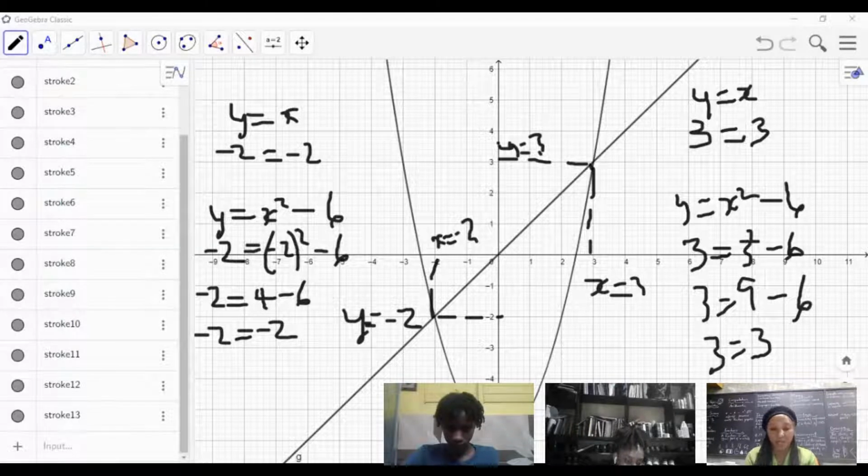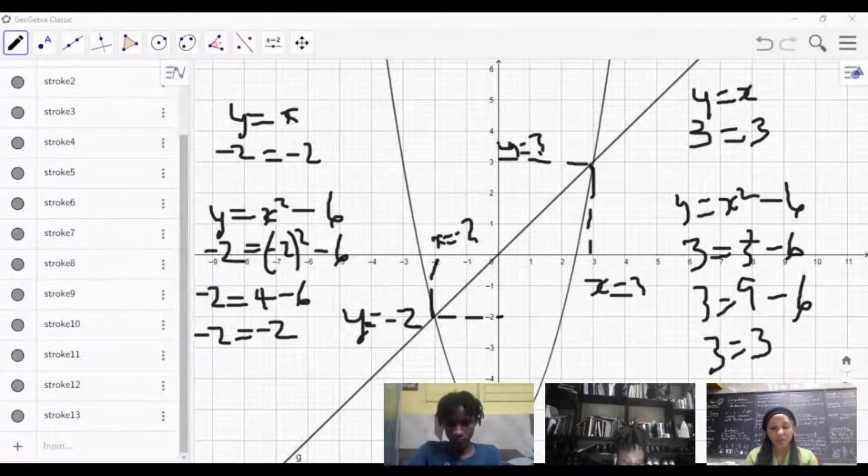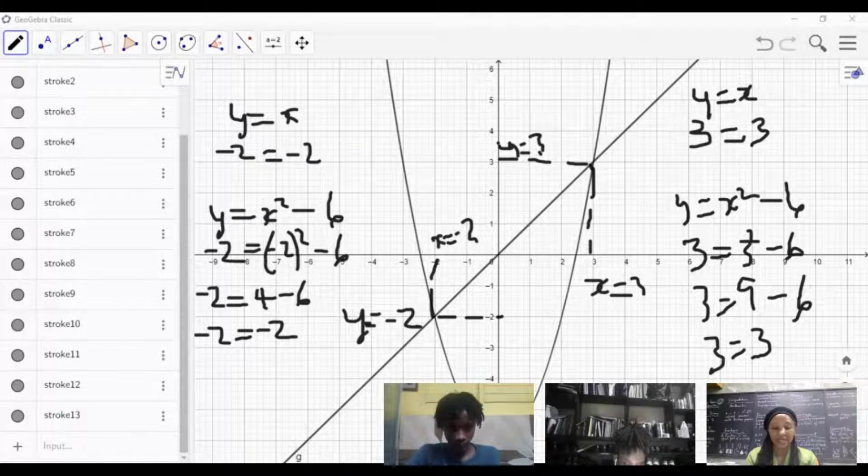So we plot our linear function, we know that's going to give us a straight line. We plot our quadratic function, we know that's going to give us a parabola or part of a parabola, a curve. If the coefficient of the x squared term is positive, the parabola is going to be oriented the way you see it there in the graph.